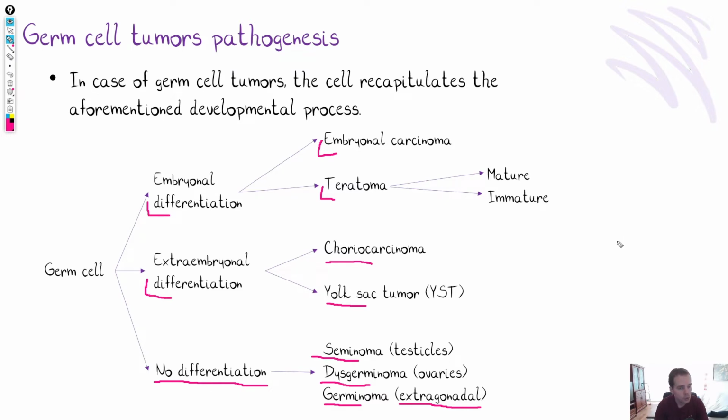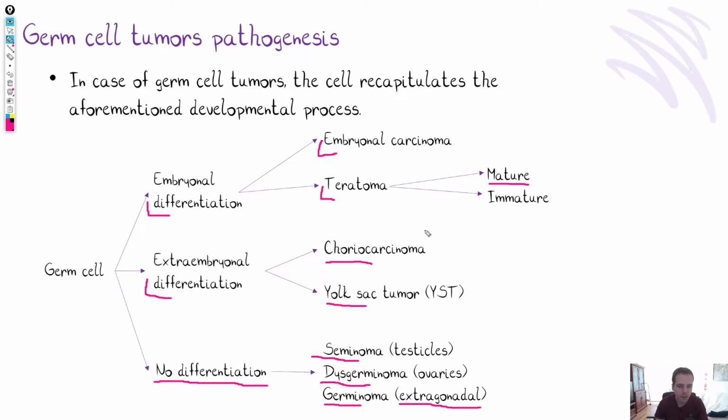If all the tissues in teratoma are completely fully differentiated and basically indistinguishable from their non-neoplastic counterparts, it's just a haphazard organization of completely differentiated tissues, we call it mature teratoma.